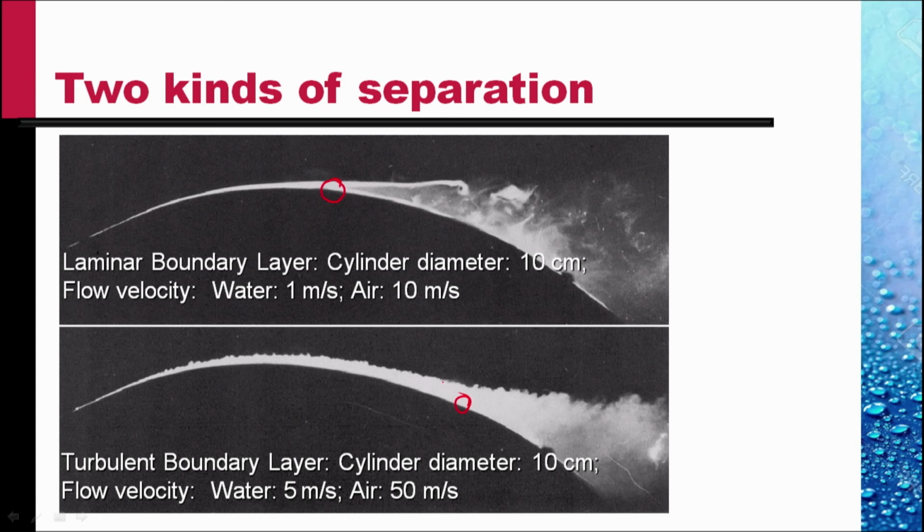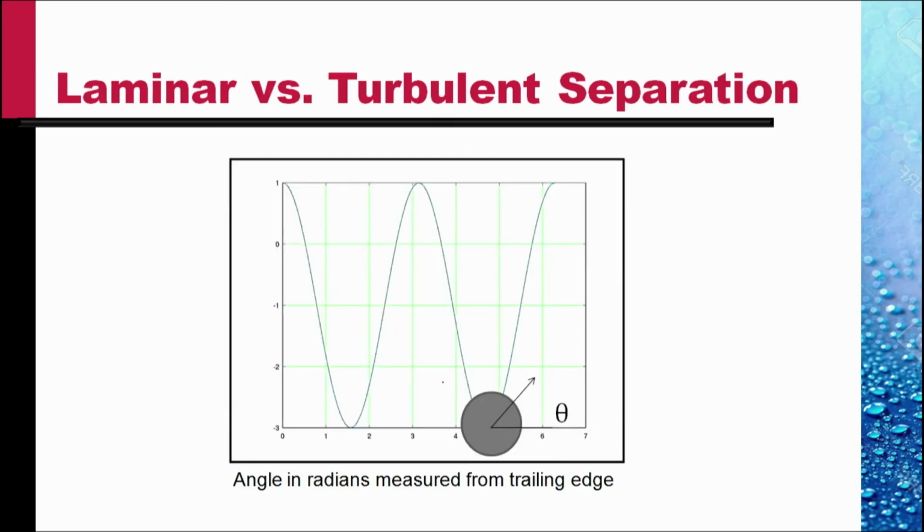This delay in separation when the boundary layer is turbulent, which happens when the Reynolds number is larger, results in a different profile. This was the profile of pressure that we've seen earlier, the pressure not recovering at the back of the cylinder. When the boundary layer is turbulent, the recovery is much more than when the flow in the boundary layer is laminar.